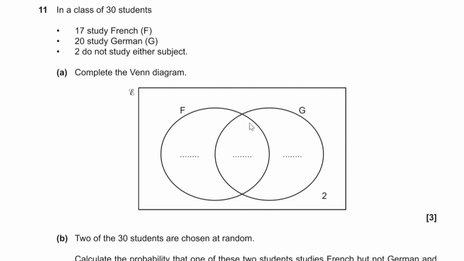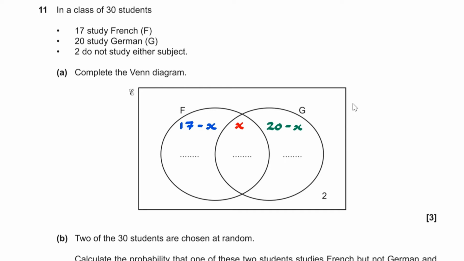Well, if we let the intersection point equal x, then for French only, we would have 17 subtract x, and for German only, we would have 20 subtract x.